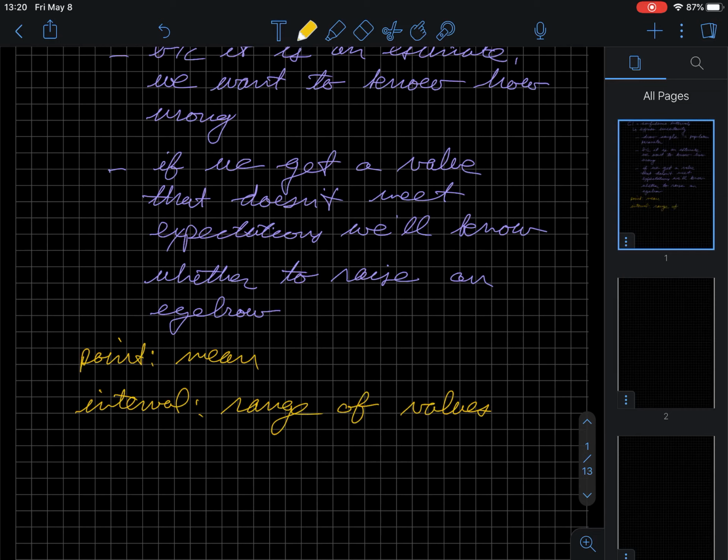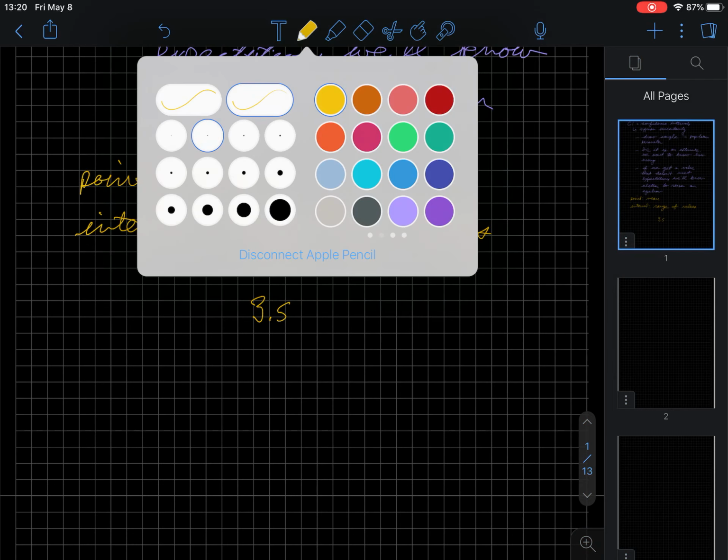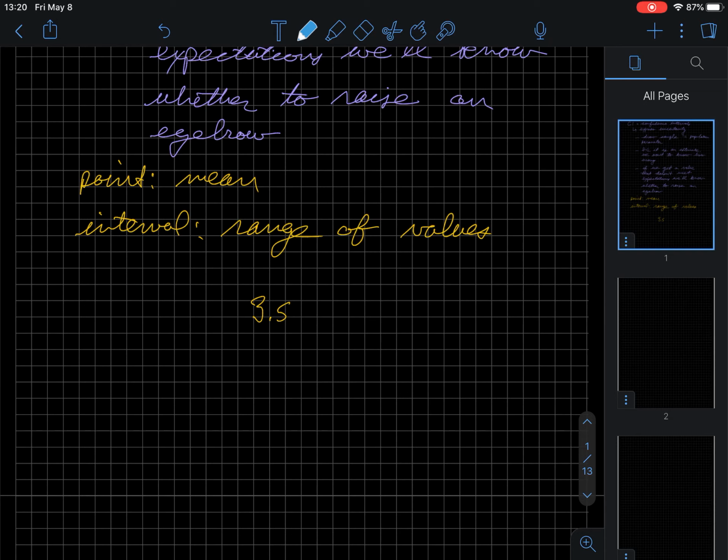And just as a brief illustration, let's say I had this mean of 3.5, and I have this number line right here, and we'll say this is -1, 0, 1, 2.